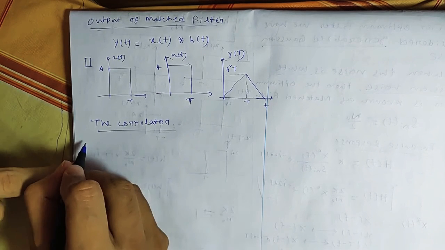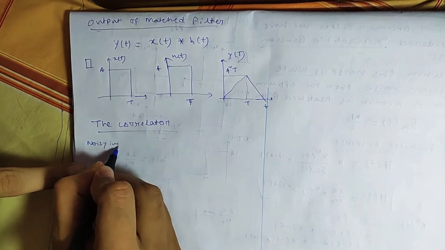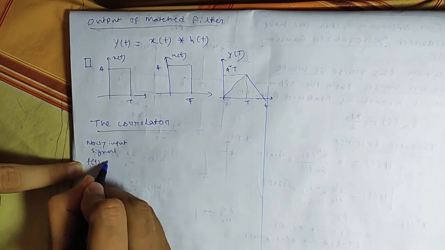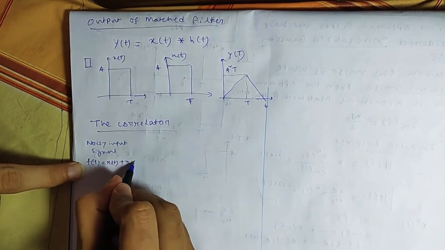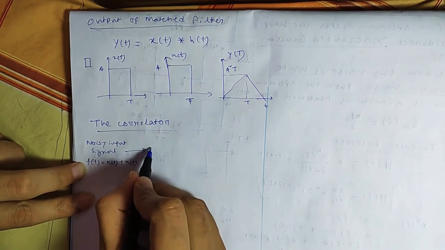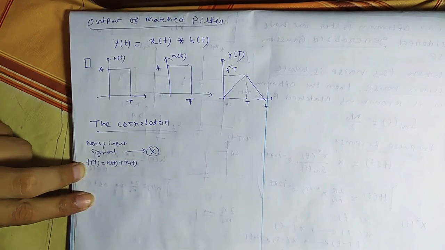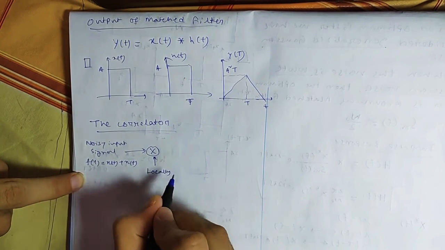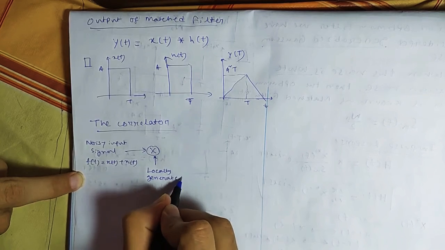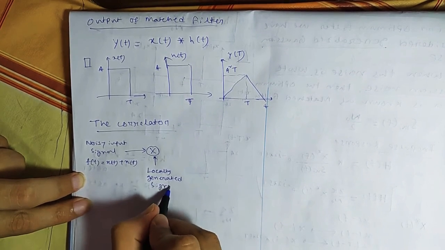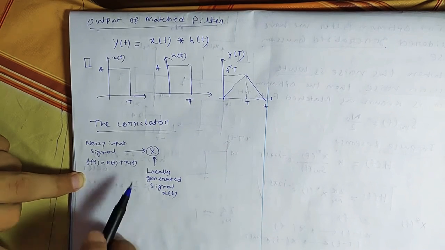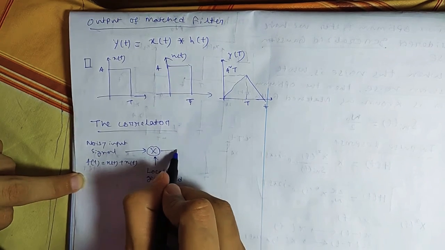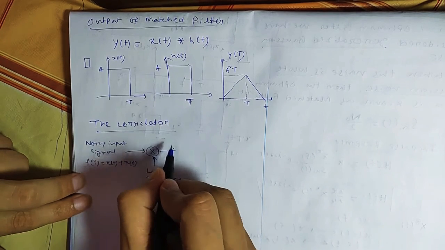You have a noisy input signal, which can be represented by f(t) equals x(t) plus n(t), and at the receiver side we'll multiply it by a locally generated copy of x(t), and the result will be f(t) times x(t).